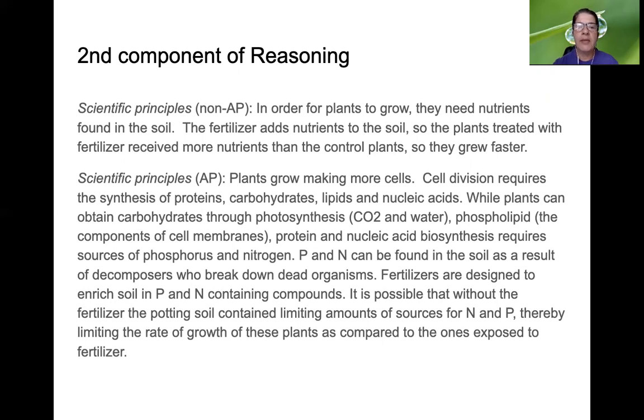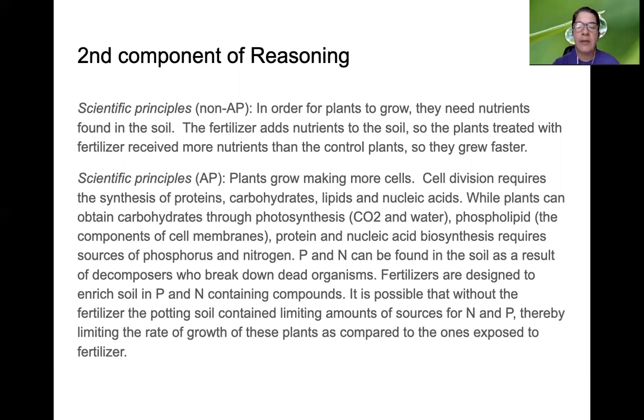While plants can obtain carbohydrates through photosynthesis, carbon dioxide and water, phospholipid, the components of cell membranes, protein and nucleic acid biosynthesis require sources of phosphorus and nitrogen, because phospholipids contain phosphorus and proteins and nucleic acids contain nitrogen. In addition to carbon, hydrogen, and oxygen, they contain the elements of phosphorus and nitrogen.